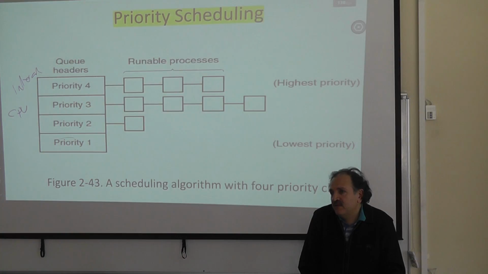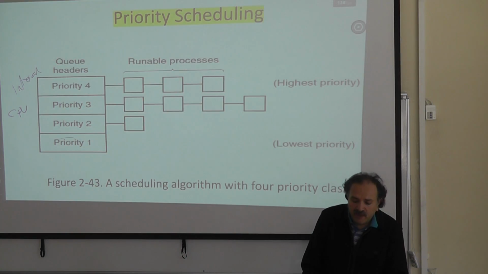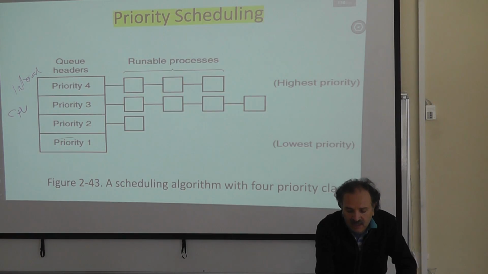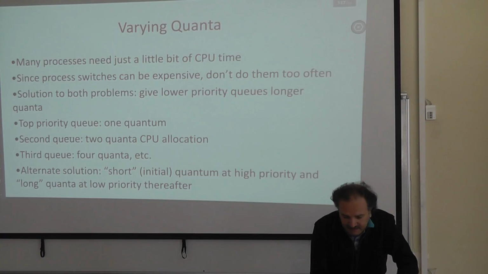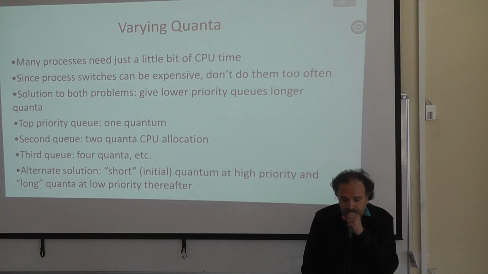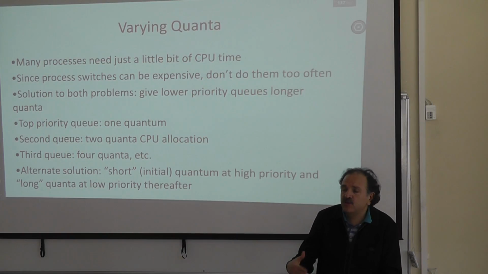For low priority tasks, I give larger quantum times; for high priority jobs, smaller quantum times. Top priority 1 quantum, second priority 2 quanta, and the third one 4 quanta. So instead of only adjusting priorities, this one uses both adjusting priorities and adjusting quantum times.